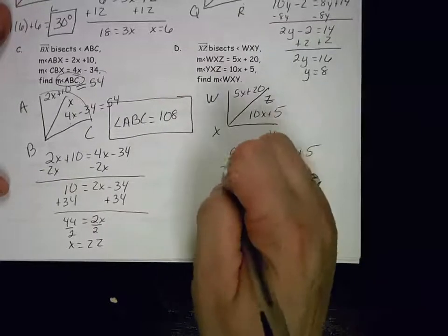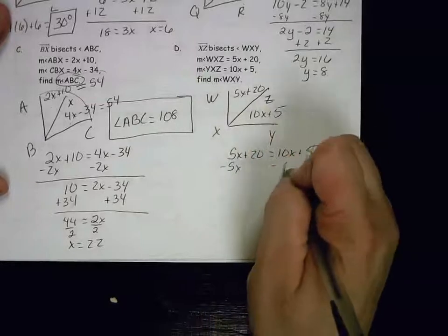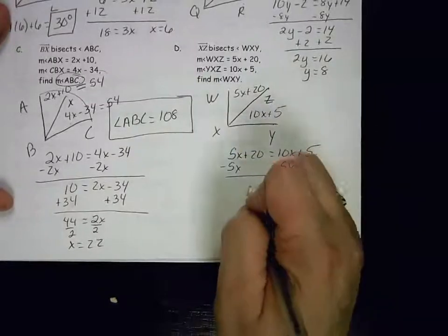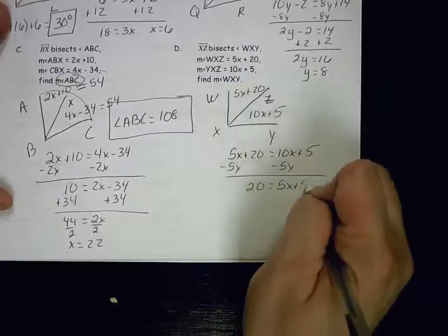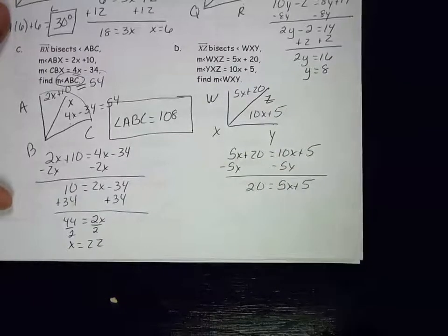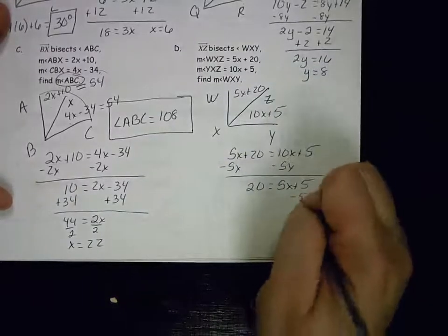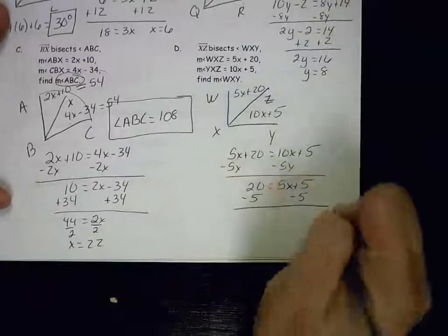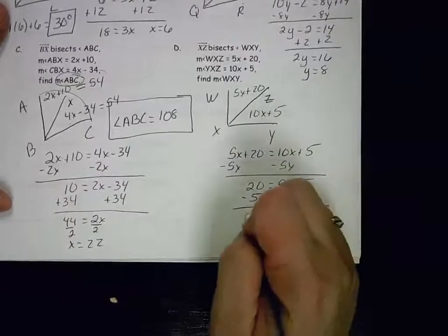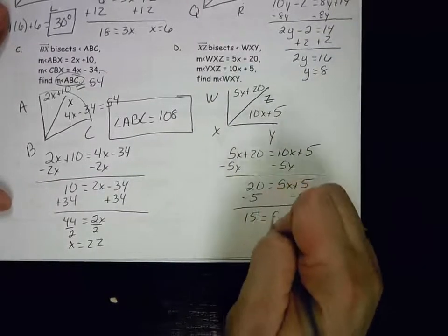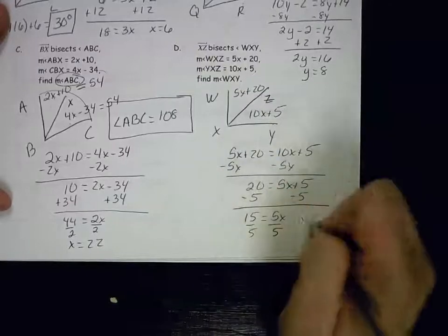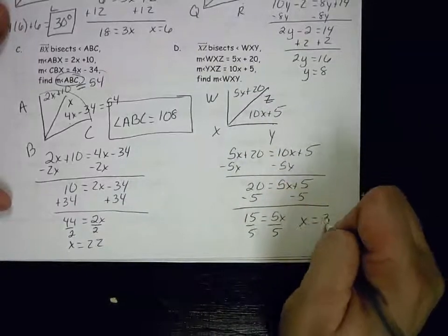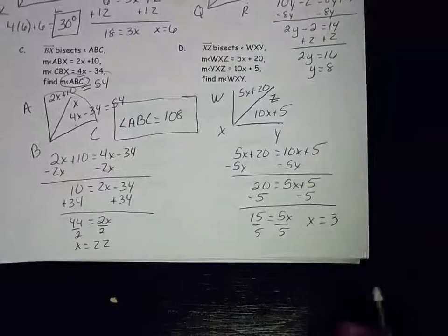So subtract 5x from both sides, and you have 20 equals 5x plus 5. Subtracting 5 from both sides, you have 15 equals 5x. And when you divide both sides by 5, x equals 3.